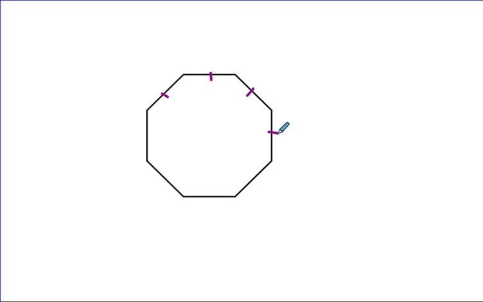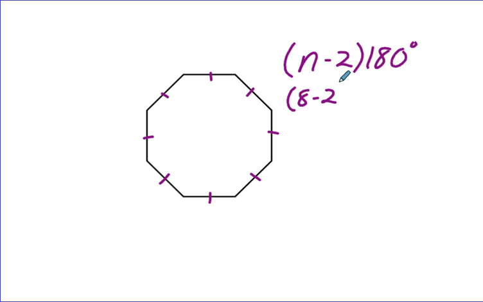That's an example of a regular polygon, and that would work with any regular polygon. So if we were to look at a regular, what shape is this? 1, 2, 3, 4, 5, 6, 7, 8. It's a regular octagon. So we're going to do the n minus 2 times 180. The number of sides is 8, so I would have 8 minus 2 times 180 degrees.